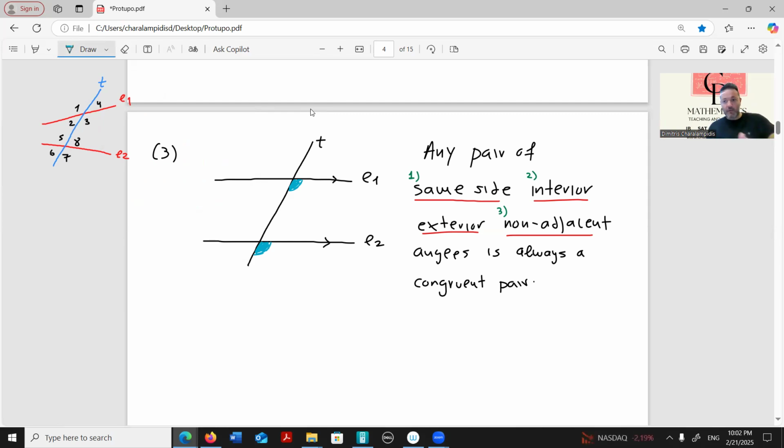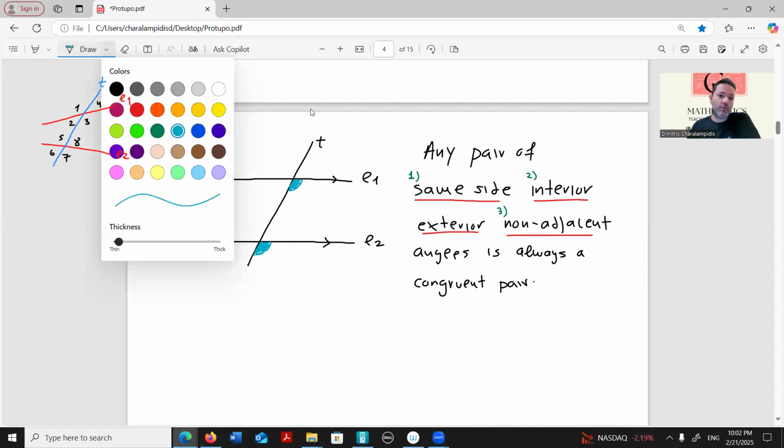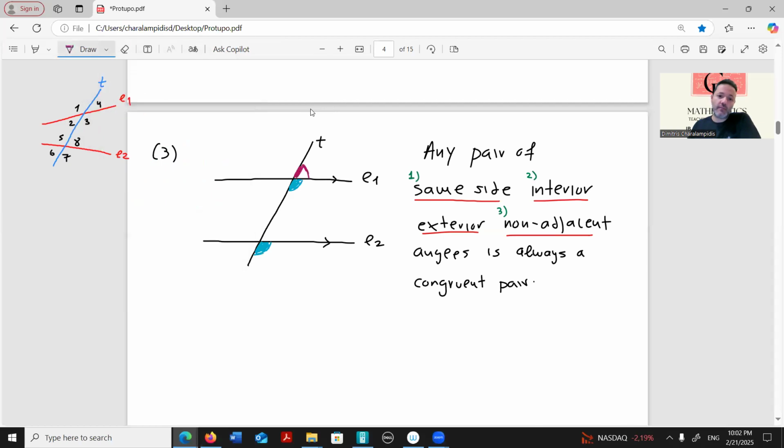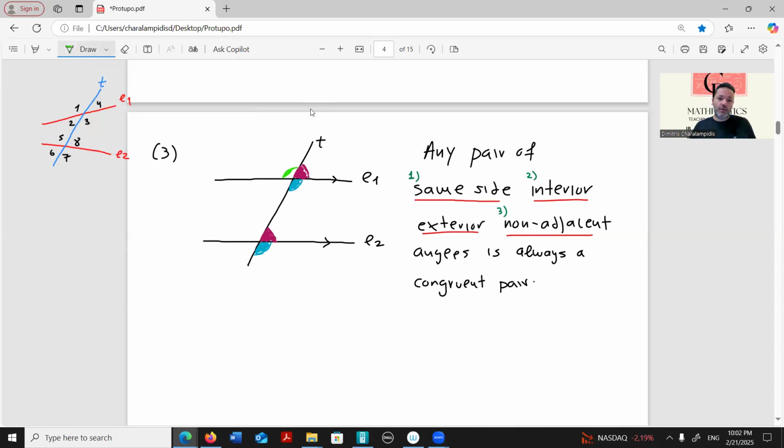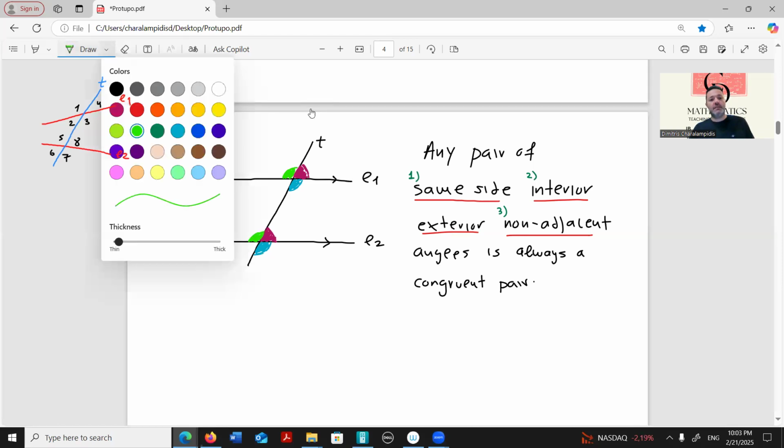Interior, exterior, one of them is inside, the other is outside, and they are not next to each other. So these two should be congruent to each other. Similarly, we could create this pair, which is still same side, interior, exterior, non-adjacent. Then we could form this pair.